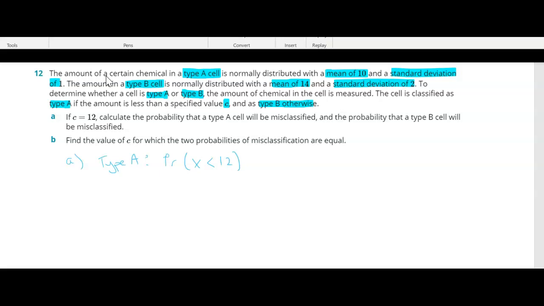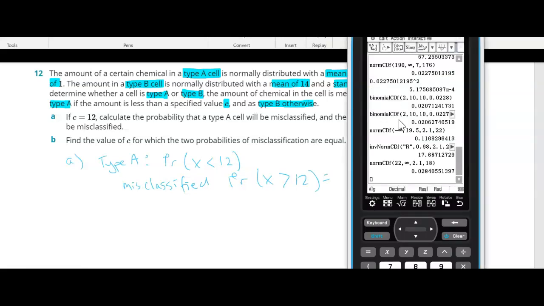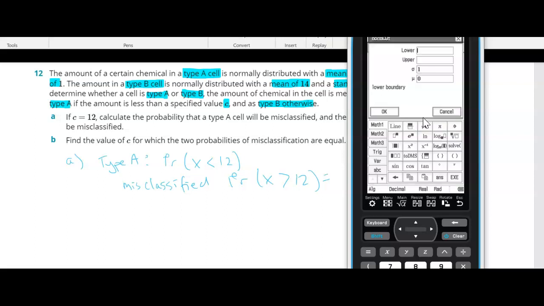All right, so if we want it to be misclassified, so it's not type A, then we want the probability that X is greater than 12. On the calculator, let's make sure we've got it right. Interactive, distribution, continuous, CDF.